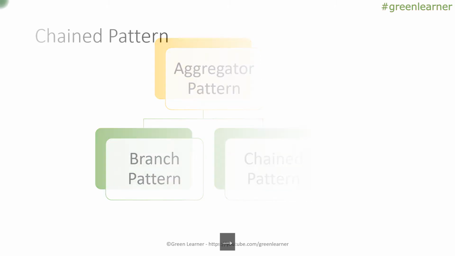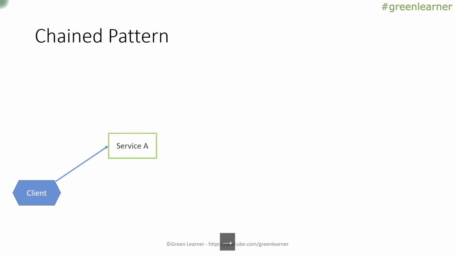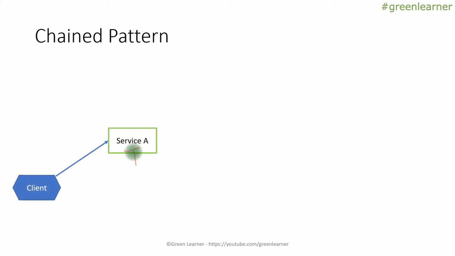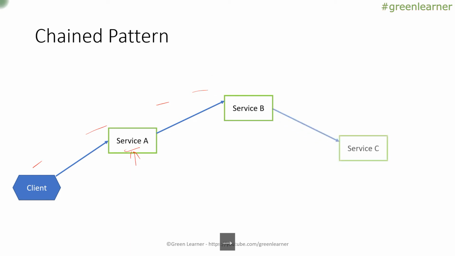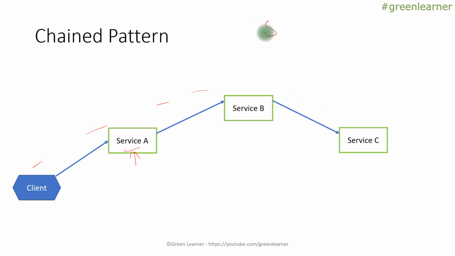Let's see that quickly. Under the chain pattern, the client has requested something from service A, and service A is not complete in itself, so it is calling other services. It is a linear call that is happening. Notice this: service B is further calling service C to complete the response, and this is all going to be synchronous calls.